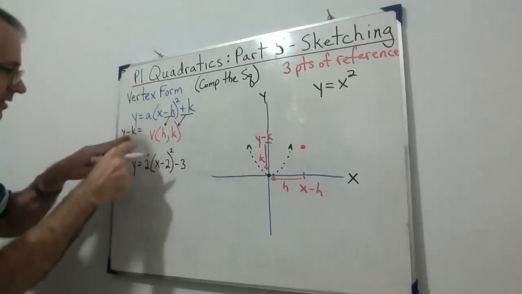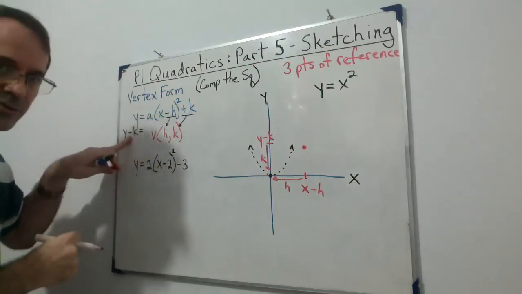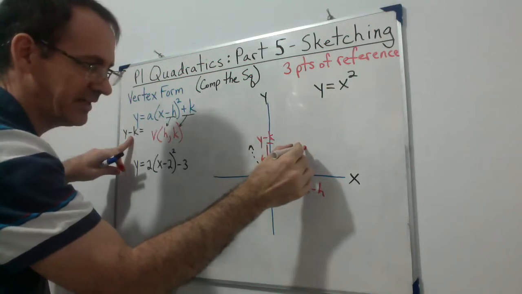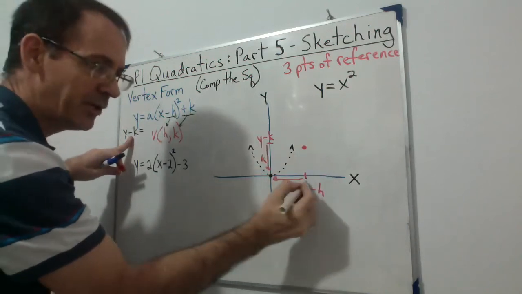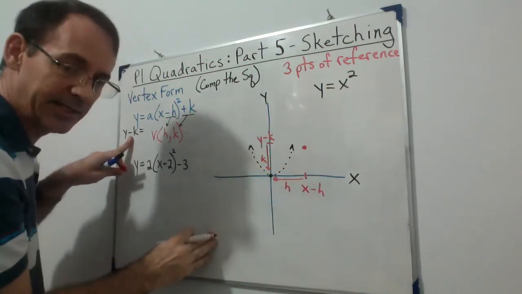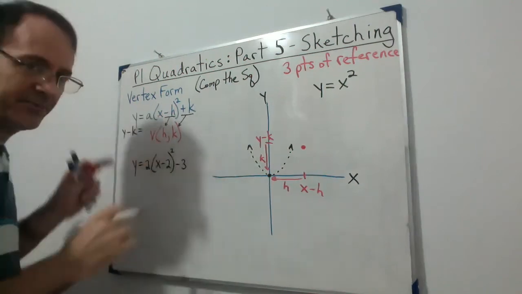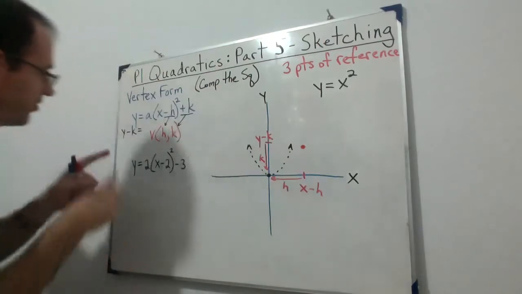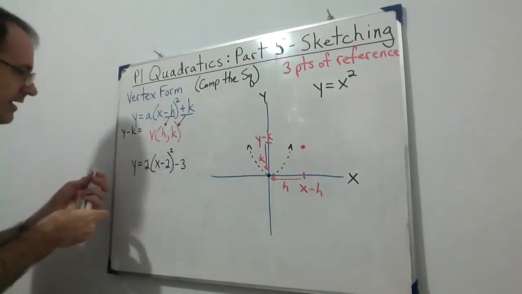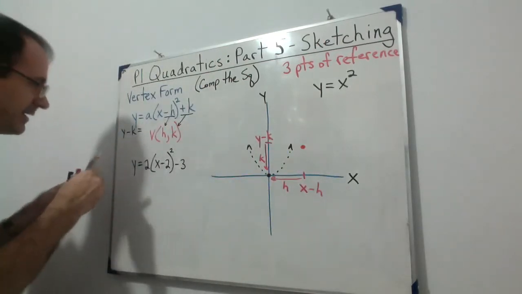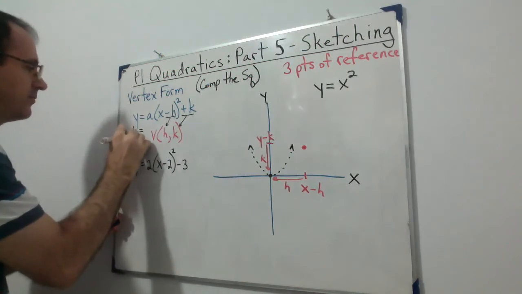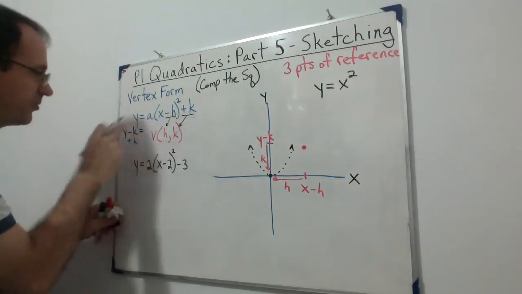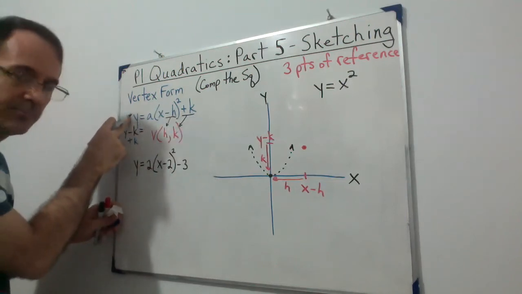That's why this is subtract and this is subtract. It tells you how to get from where your vertex is back to the origin horizontally and vertically. So that's where the negative comes from. But then again, because we want y to be the subject, the k got added to the other side so that y can be the subject.